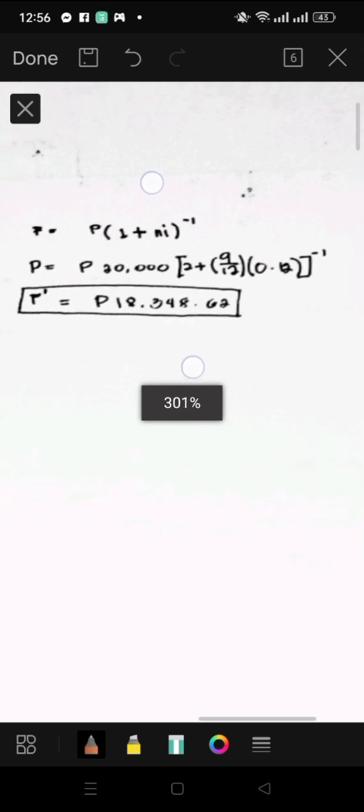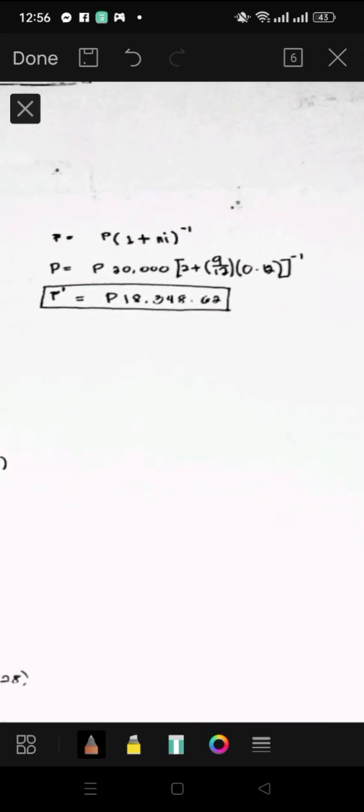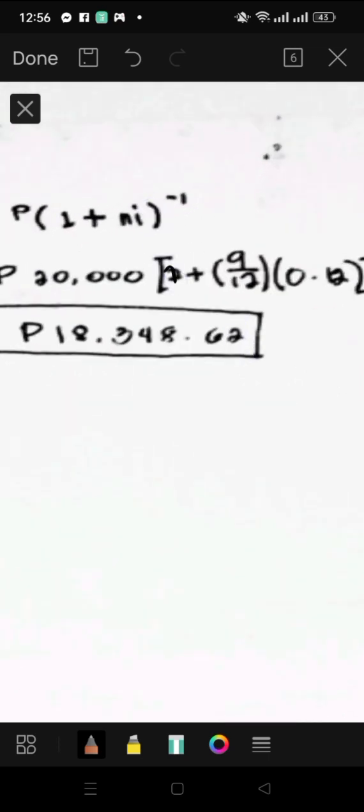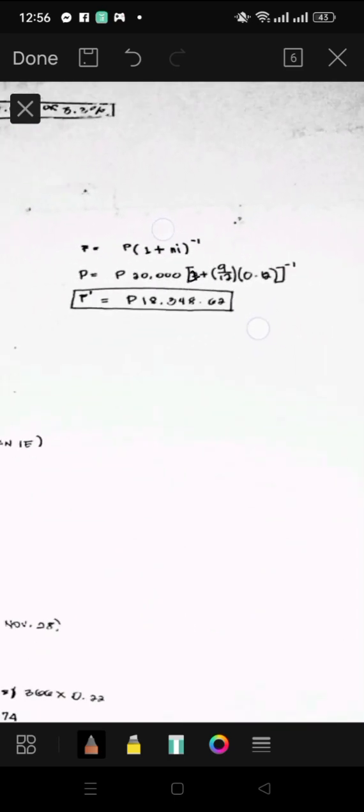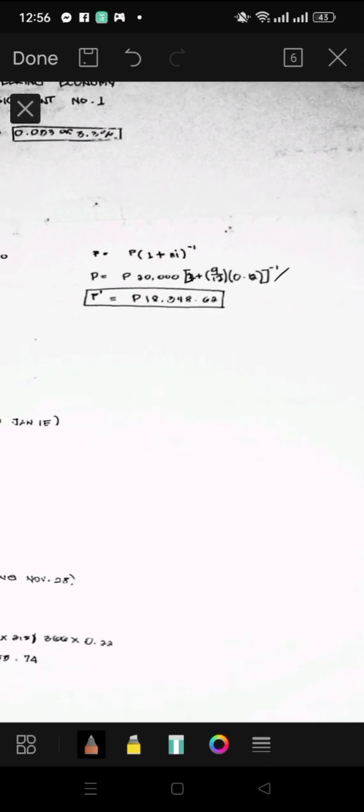So this is the direct substitution: 20,000 times the quantity 1 plus 9 over 12 times 0.12, raised to the power of negative 1.